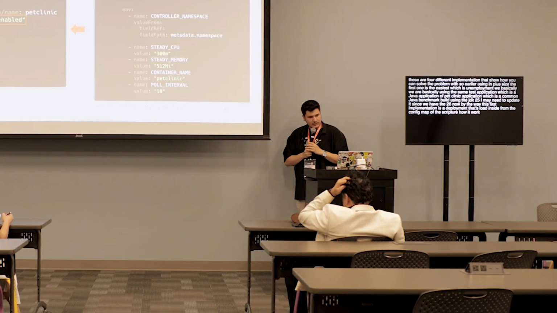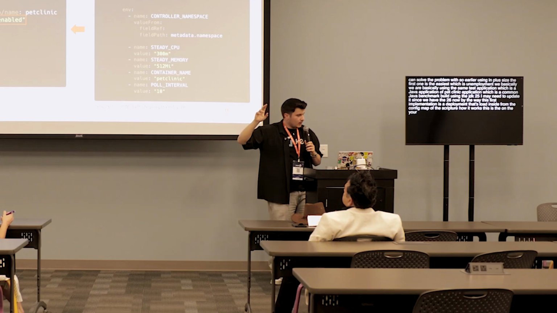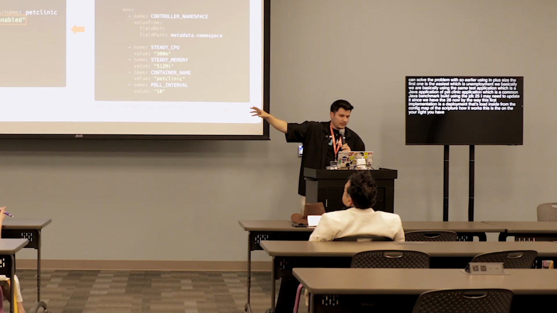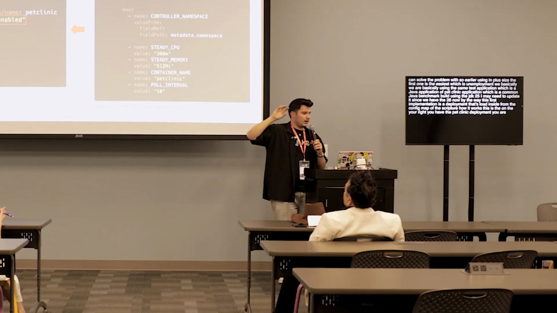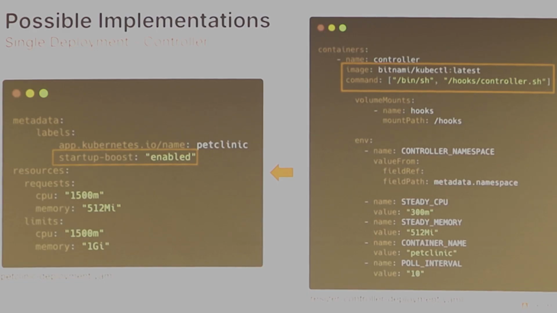How does it work? On your right, you have the Pet Clinic deployment. We added a label to allow the resizer controller deployment to find which application needs to be resized.